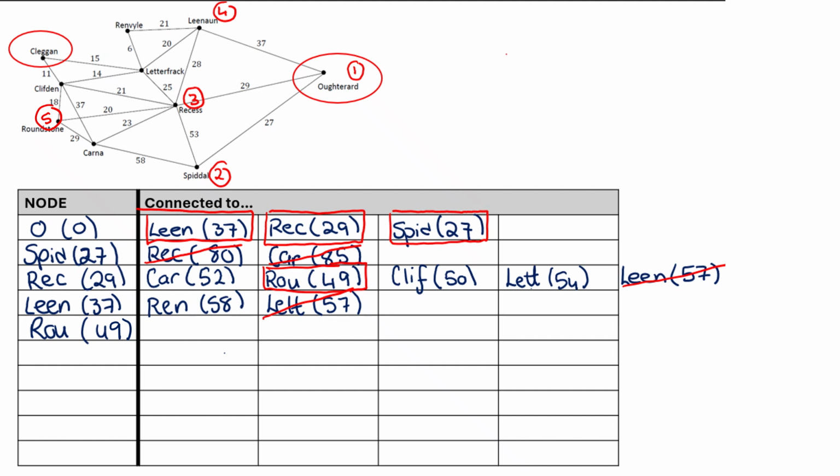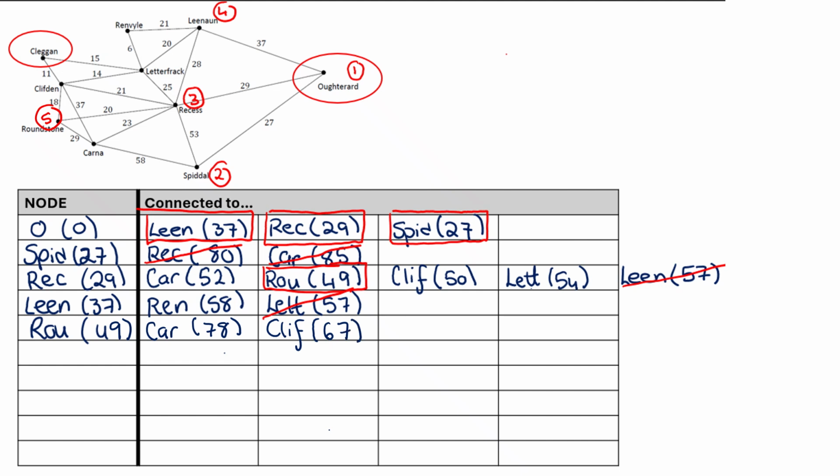Our connection here, we have Anna, which is an additional 29 on top of the 49 that's already there. So that's 78. And then we have Clifton, which is an additional 18 on top of that, and that gives us 67.